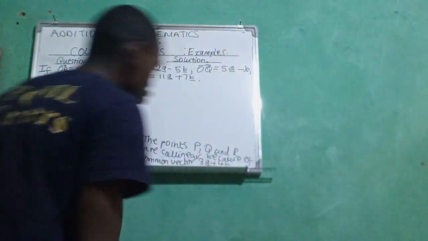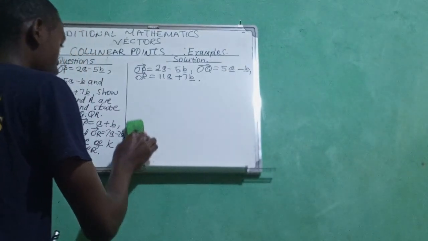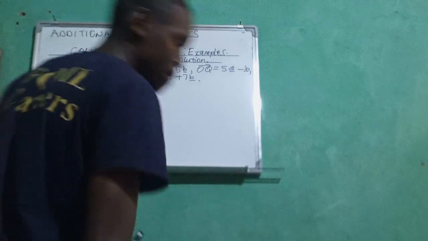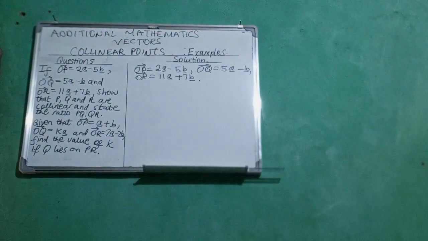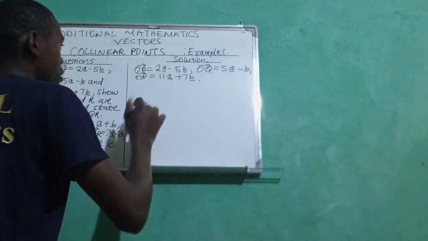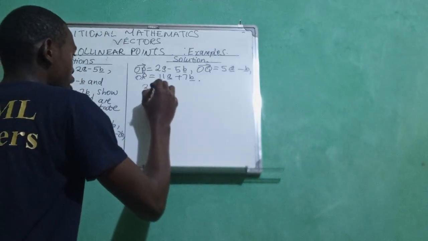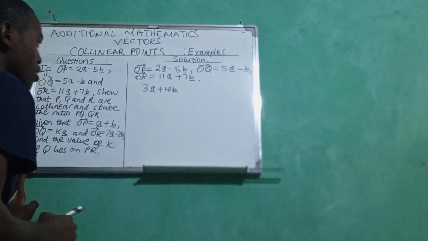And then we can go to the end of the question, which is the ratio of PQ to QR. Alright, so our PQ, from what I remember, was 3A plus 4B.